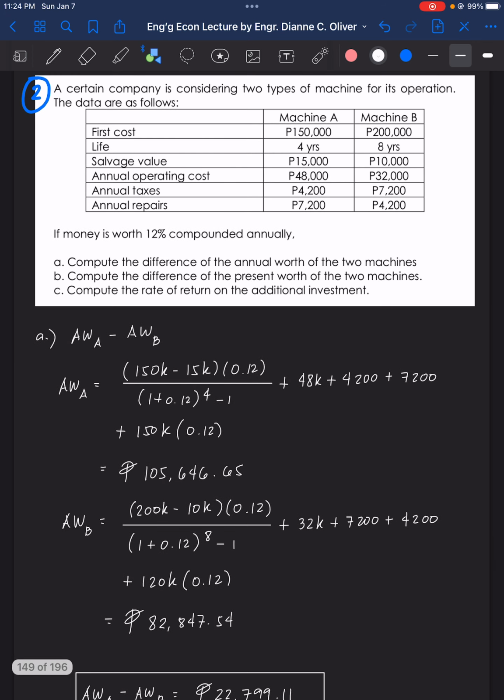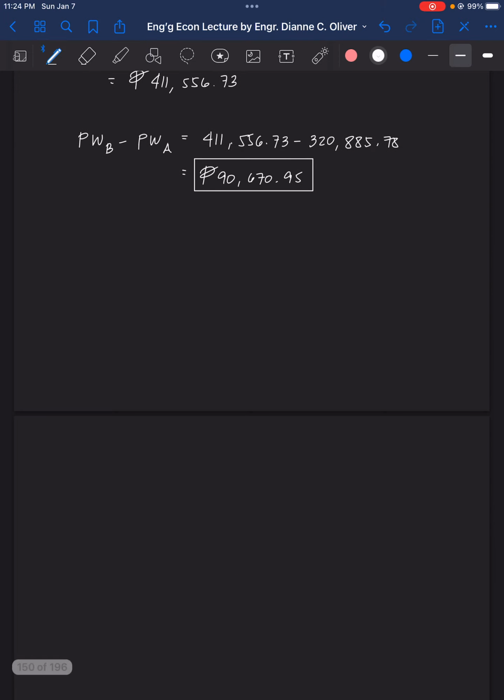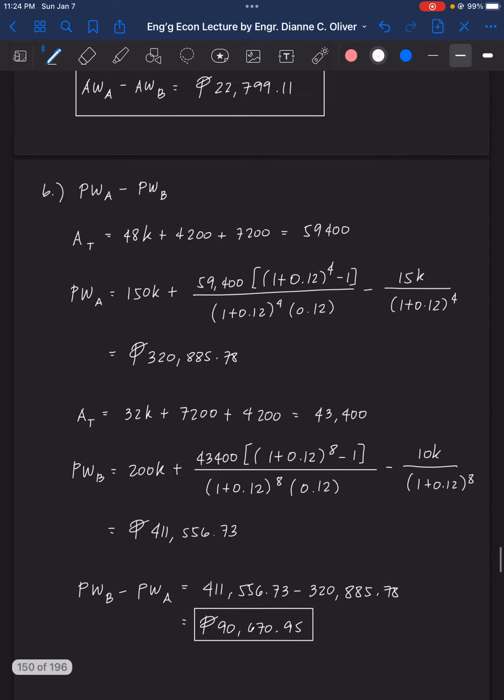For our last problem, compute the rate of return on the additional investment, the ROR, for letter C. So for our machine A, the annual cost for machine A is equal to, what's the depreciation again?